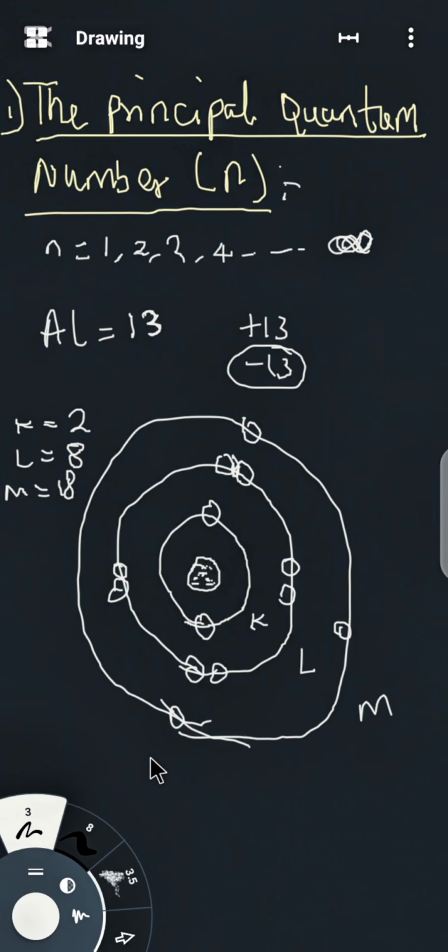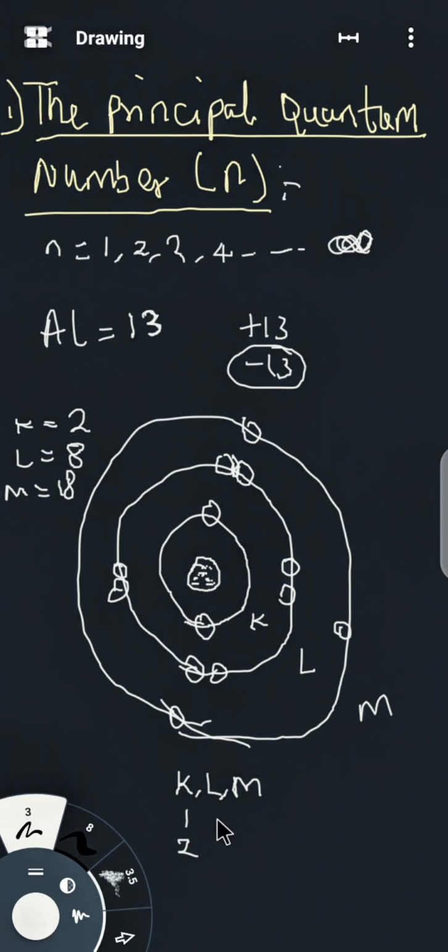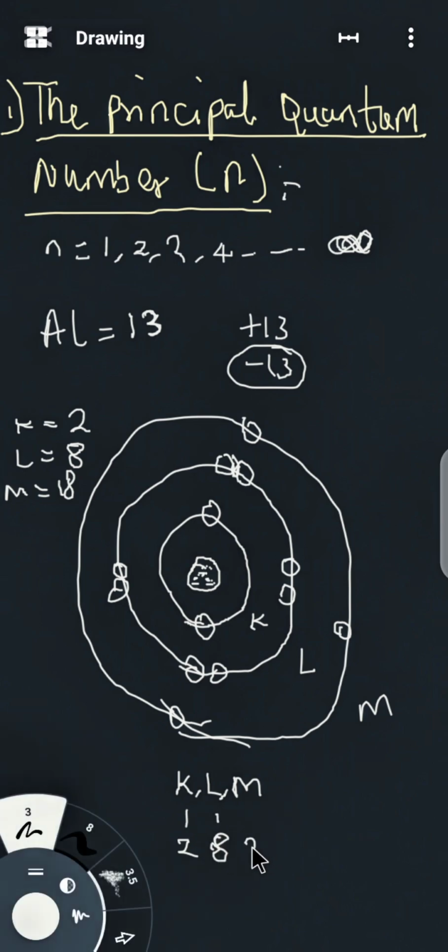To summarize, according to the principal quantum number, each shell has a particular number of electrons that it is permitted to have. For aluminium, the K shell has 2 electrons, the L shell has 8 electrons, and the M shell has 3 electrons. So this becomes the summary of the electron configuration of aluminium.